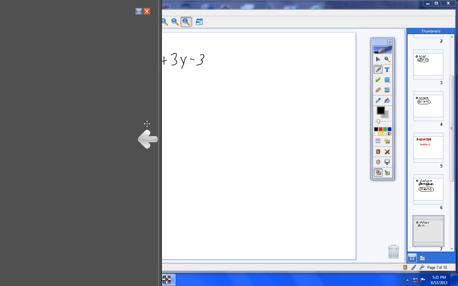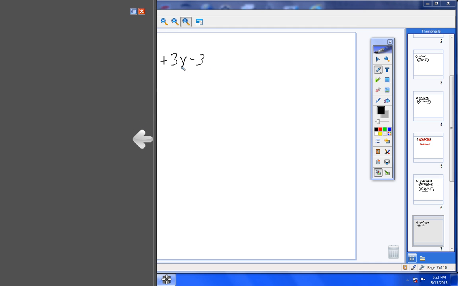Now let's look at the other two terms and see if we can pull out what's common in these two terms. Okay, start with your coefficients. A 3 and 3. What's the biggest number that goes into 3 and 3? Well, 3 is, and there's a positive sign here, so we bring down a positive sign, and we put a 3. Now, there's a y in this term. There's not a y in this term, so you cannot pull out a y. So we're ready to move on. 3 times blank would give me 3y.